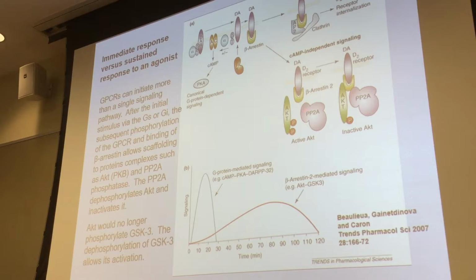So the AKT can interact with this beta-arrestin, where it's going to be also interacting with a phosphatase called protein phosphatase 2A, that can take one of these phosphates off. And then we have what would be an activation-inactivation situation. So when it's got the phosphates on, it's activated. When it takes the phosphates off, it becomes inactive.